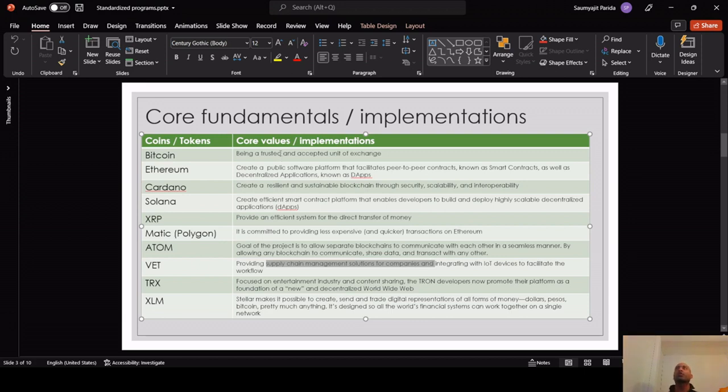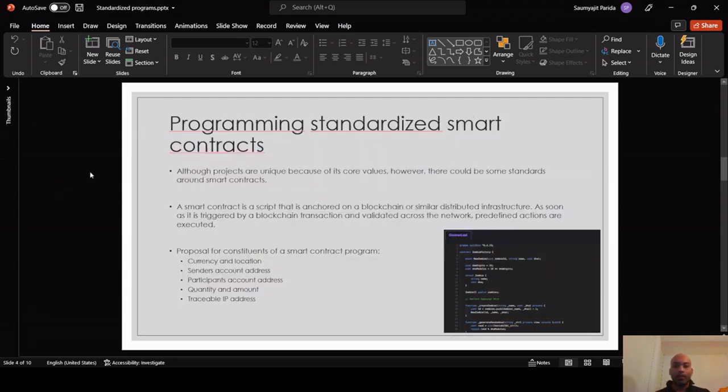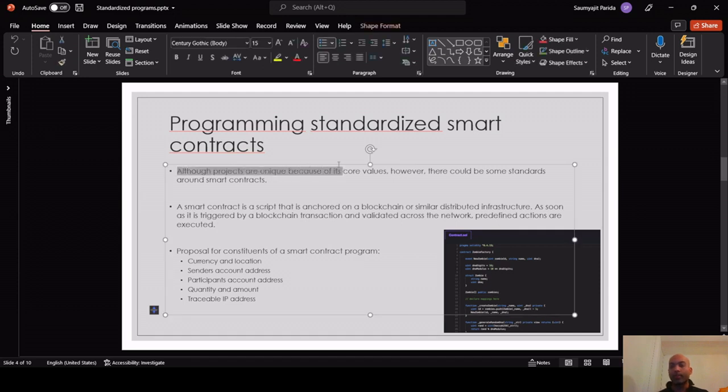So each project has its own core implementations, and that is why their program structure is different, and their aims or deliverables are different. Programming standardized contracts, although projects are unique because of their core values. However, I feel that some standards could be implemented in smart contracts.